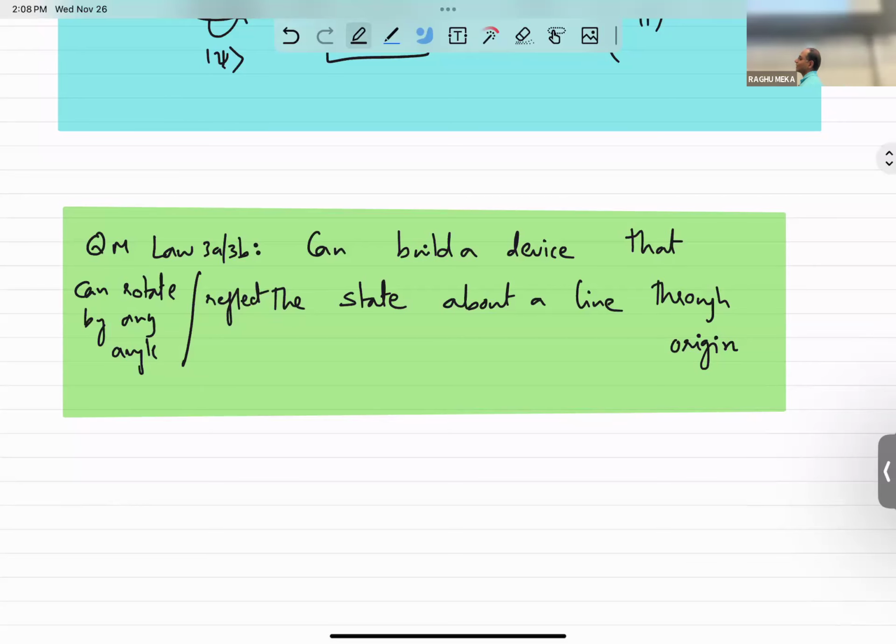So these are devices which can change the state, but they can only change it in specific ways, right? They still keep you in superposition potentially. And when you do this change, you still don't know what the original state is. You only know what change you made. If I ask it to rotate by 45 degrees, I know it's rotated by 45 degrees, but I don't know what the new angle is or what the new state is. I just know that relative to the old one, it is 45 degrees away. Same for reflection.